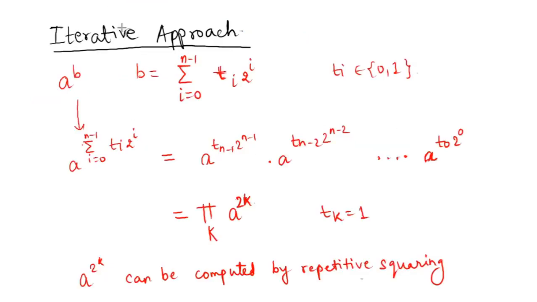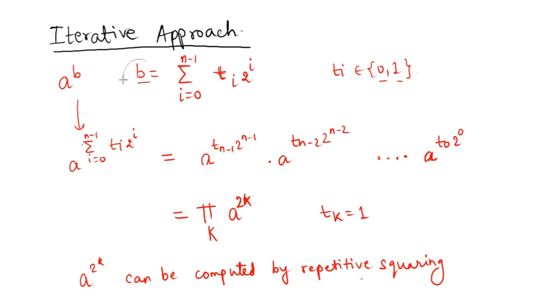The iterative approach for the binary exponentiation method can be represented like this: b, which is the exponent, can be written in terms of a binary number, where t_i is the weight attached to that value and it can take only 0 or 1, times 2 raised to the power i, running from i equal to 0 to n minus 1.